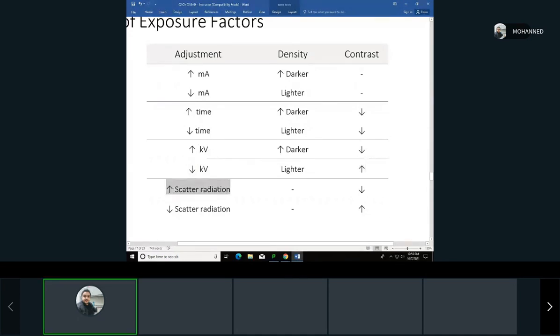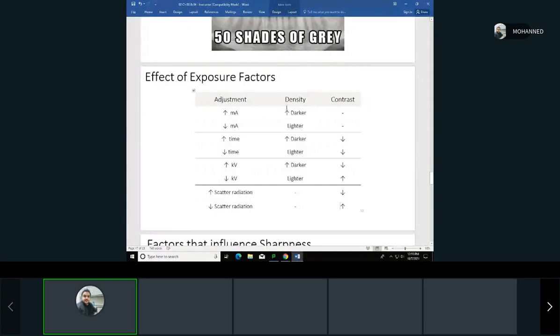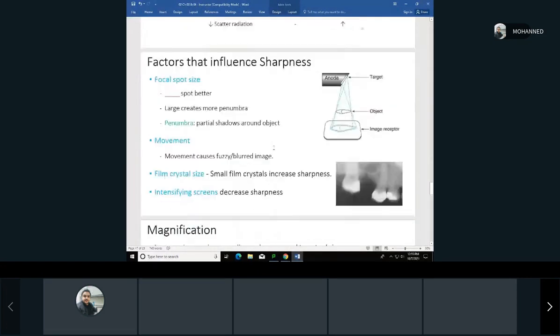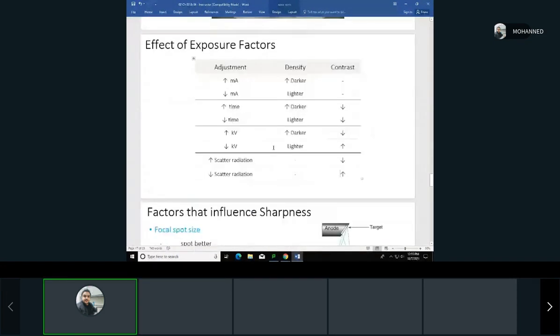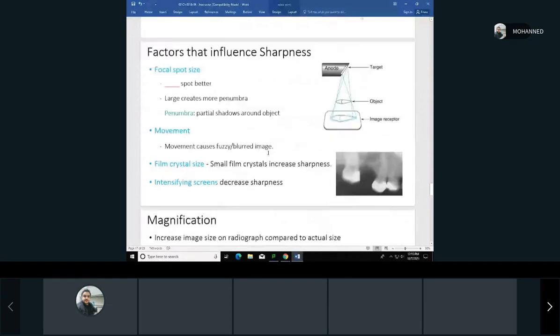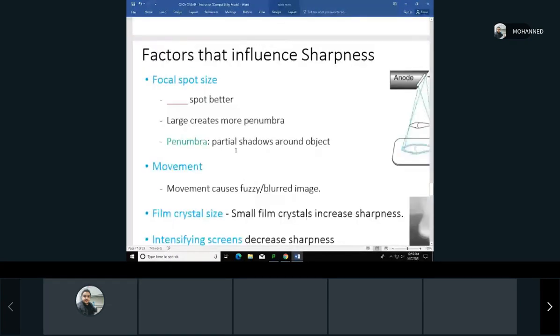If we have scattered radiation, definitely we'll have lower contrast because we'll have a lot of grayish areas. If we have less scattered radiation, then we have more contrast. So you need to really go back to this and look at it. Yes, you need to know these. Definitely. Okay.